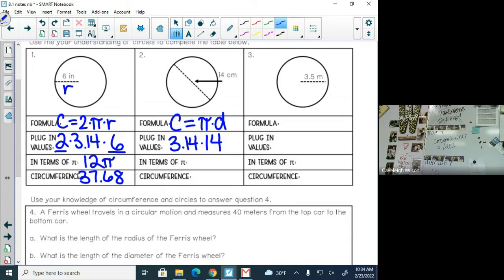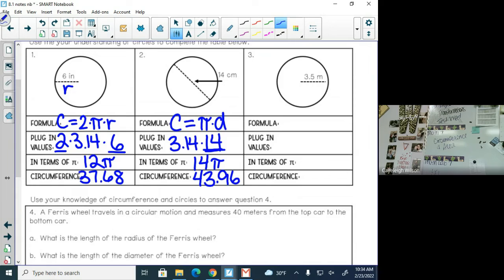So on my calculator, 3.14 times 14. Give everybody a chance. All right, so 3.14 times 14, everybody? 43.96. And if they ask for it in terms of pi, the number that's not pi is 14, so just 14 pi.